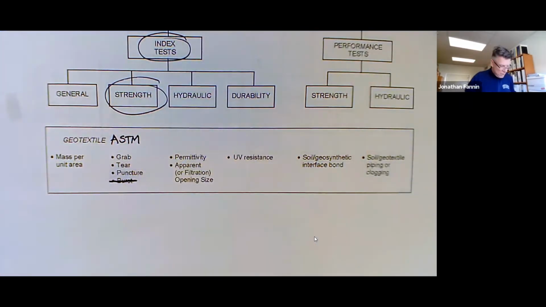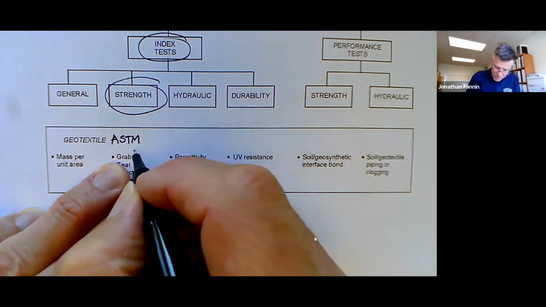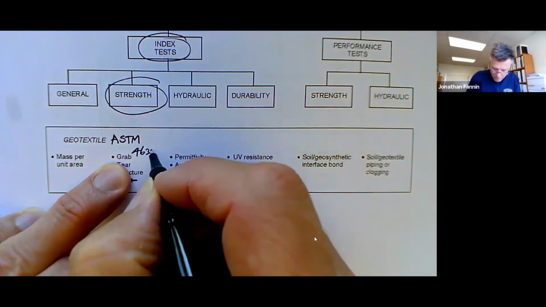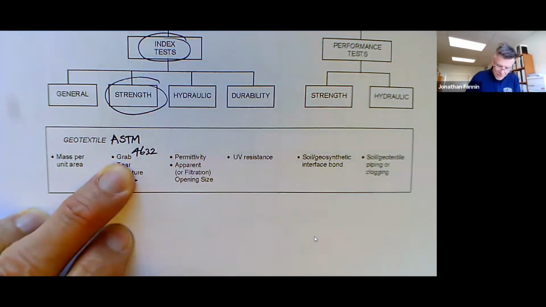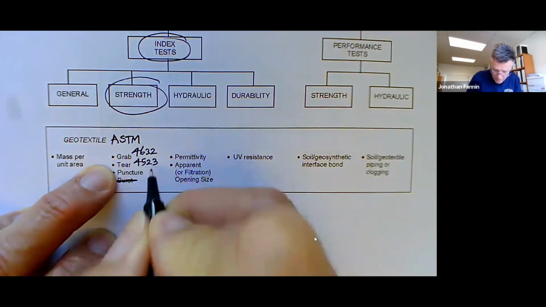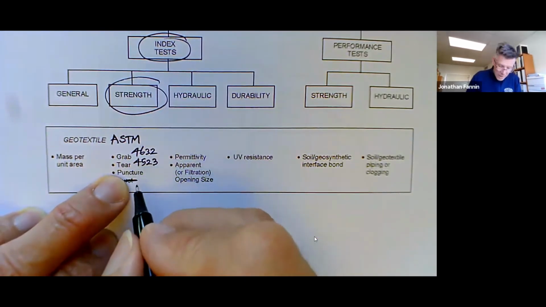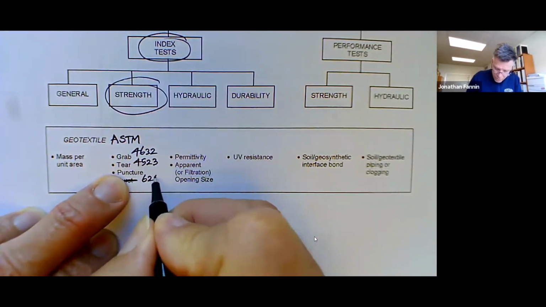So we end up with a number of ASTM tests. Let's tuck them out of the way and we're done. The grab strength, 4632. Tear strength, 4523. And the puncture strength, now with a slightly thicker rod, and that's 6241.